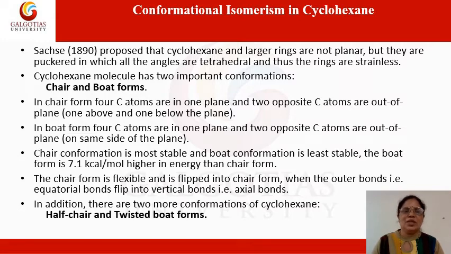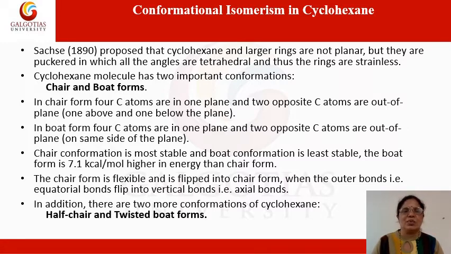In the chair form, four carbons are in one plane and two opposite carbon atoms are out of plane, one above and one below the plane. Similarly, in the boat form, four carbon atoms are in one plane and two opposite carbon atoms are out of plane, but on the same side of the plane.